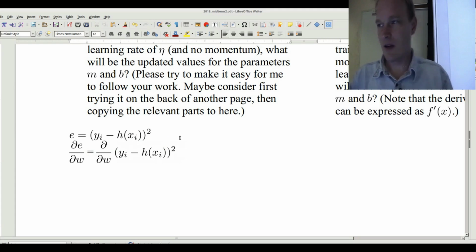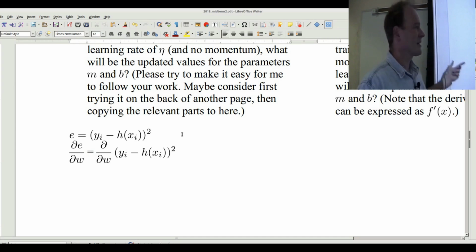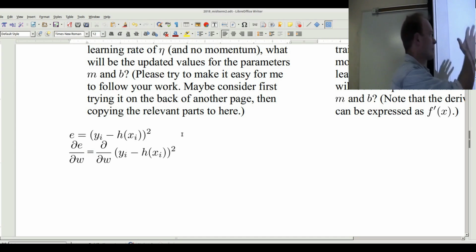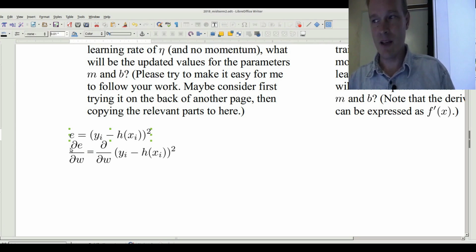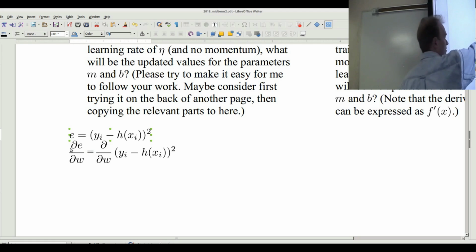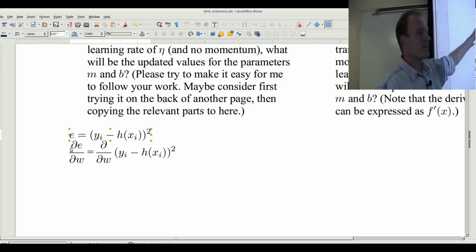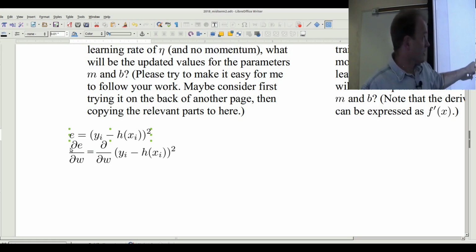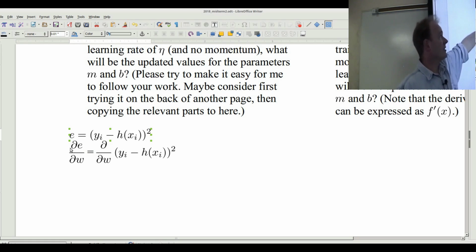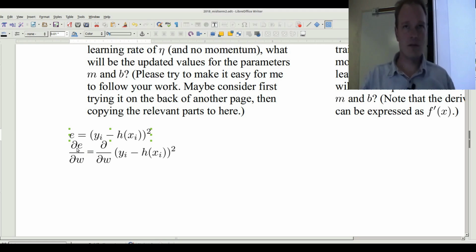I'm doing this with a lot more detail than I expect on the test. It's okay if you didn't show every single step that I'm showing. e is one thing. The partial of e with respect to w, what's that? That's the gradient, right? This is the answer to the question: if I change this weight, how will it affect my error? This is what we want to minimize. So these are two totally different equations. It just happens this one's the derivative of that equation. Still with me on that?